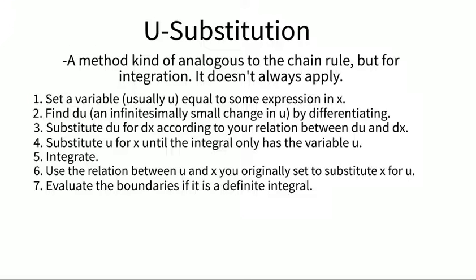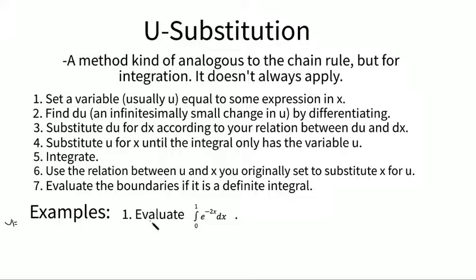So now I'm going to do 2 examples. The first one is to evaluate the integral of e to the negative 2x dx from 0 to 1. This is a definite integral, so first we're going to start by setting a variable, usually u, equal to some expression in x. What do we want to set u equal to?